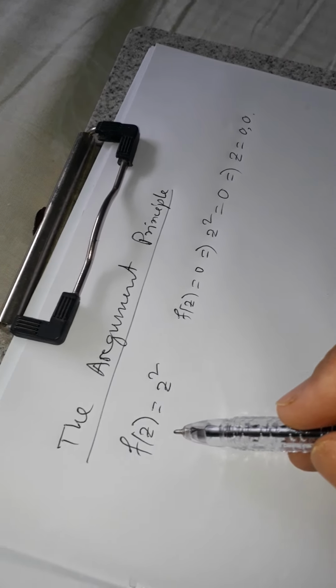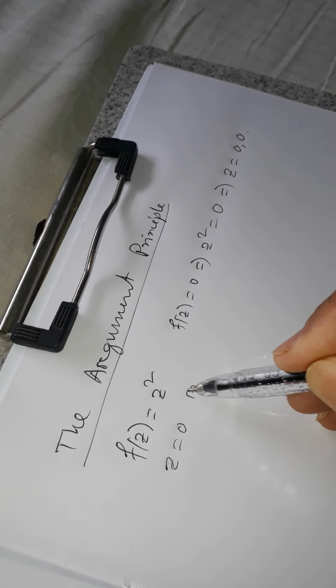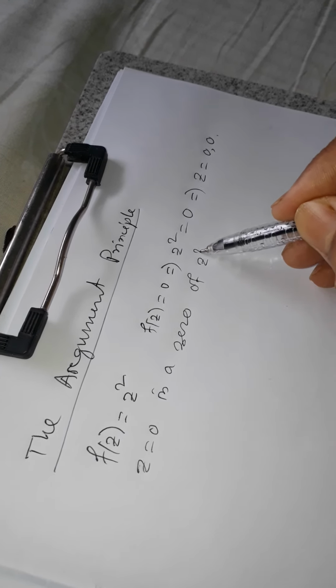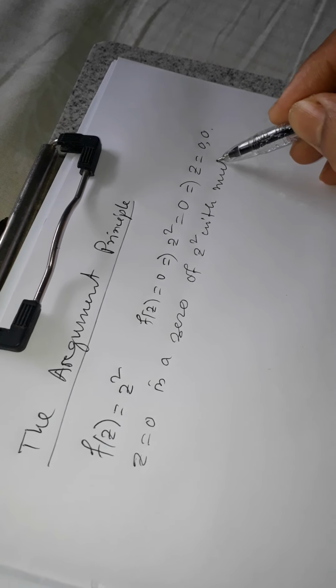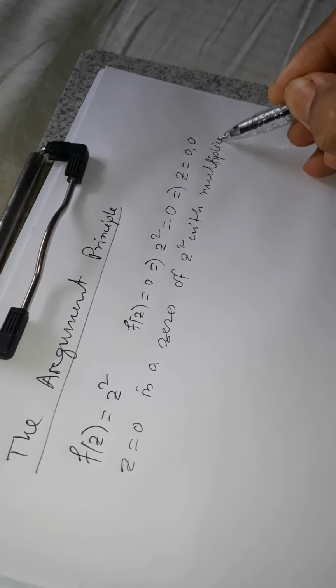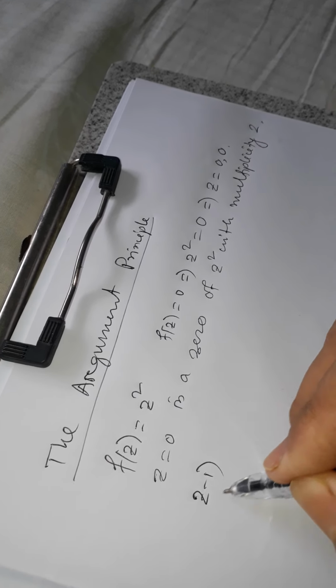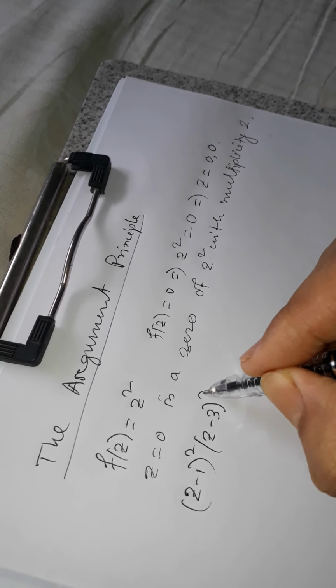So we say that z equal to 0 is a zero of z squared with multiplicity 2.